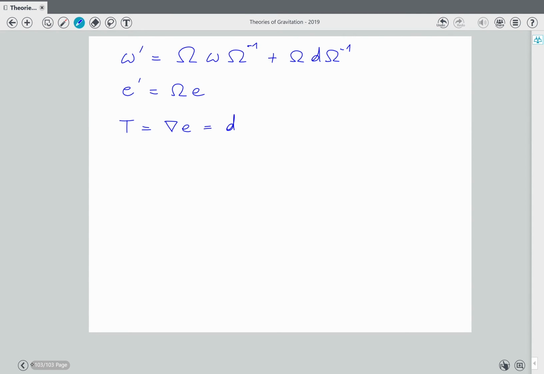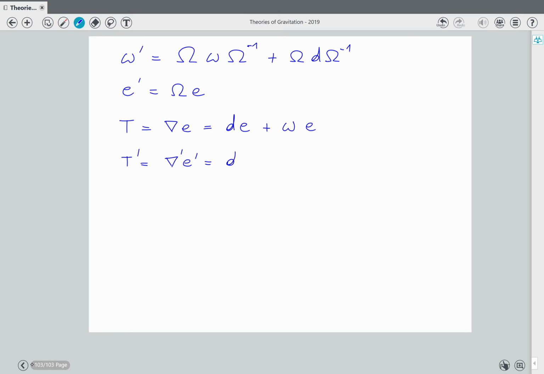Torsion is the covariant derivative of the vielbein differential form E. So it's the exterior derivative plus the spin connection wedge E.